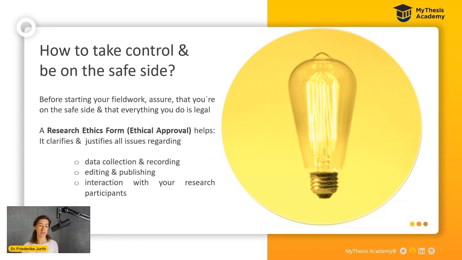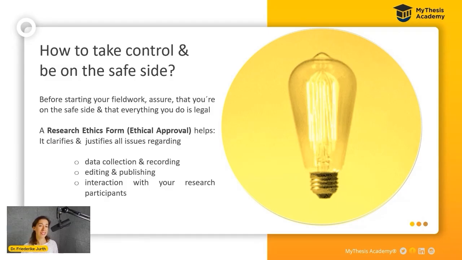So the best form of how to arrive at this trust and confidence from both sides is a signed research ethics form or ethical approval, which is also required by nearly every university.